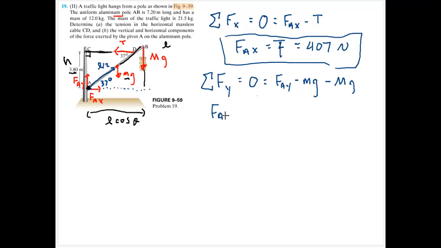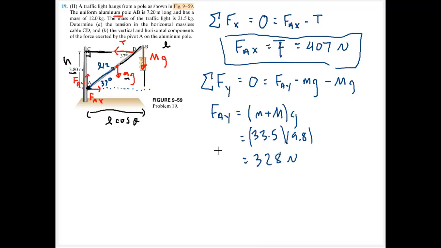So my force A in the y direction is simply going to be the little mass plus the big mass multiplied by gravity, or 33.5. I simply added those guys together, multiplied by 9.8, and I'll get 328 newtons. So that's going to be my force in the y direction.